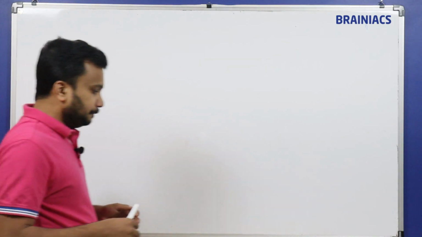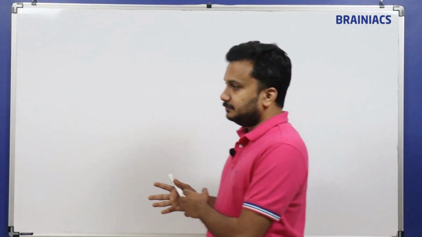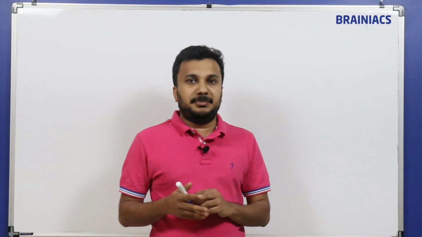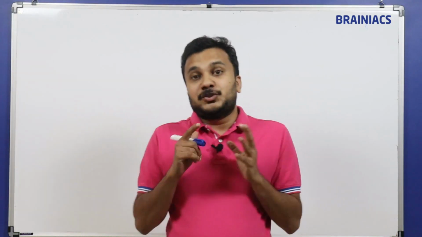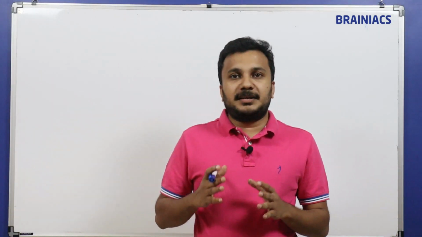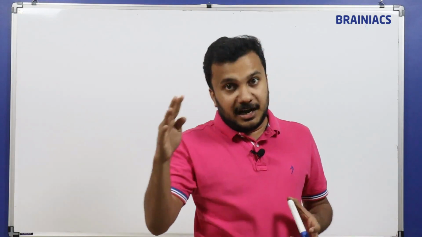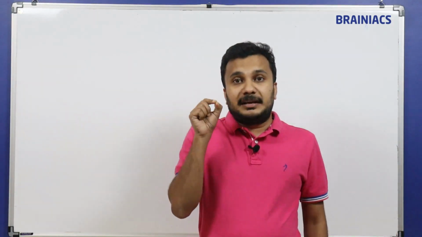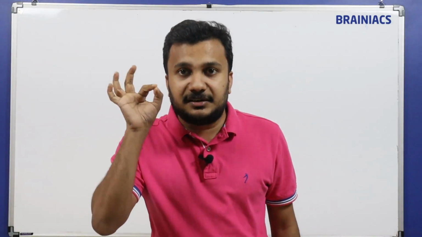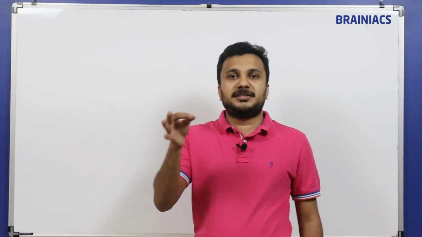One of the most prominent is wavelength. So wavelength is the property of a wave, right? We can say full wave, half wave, quarter wave. So wavelength is associated with a wave.